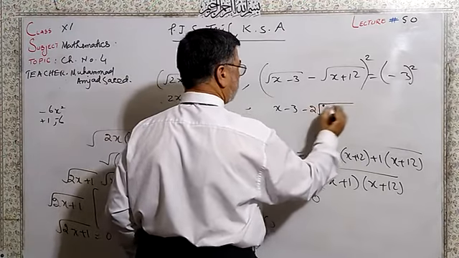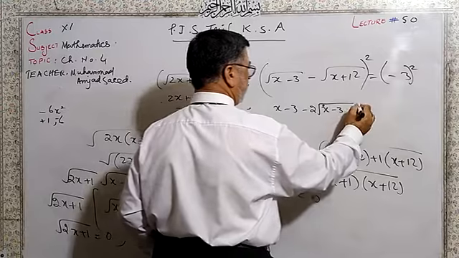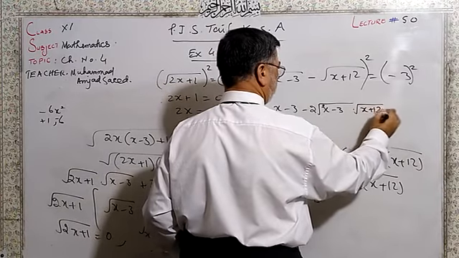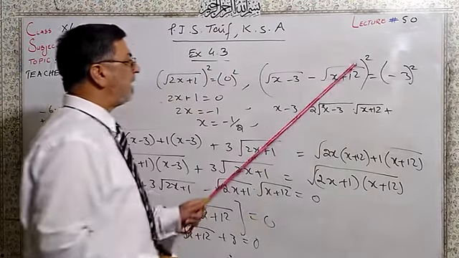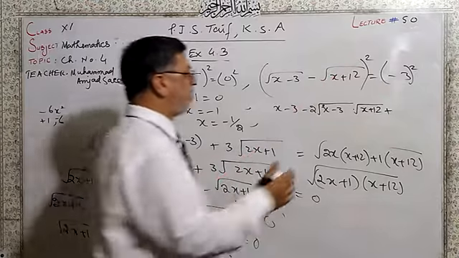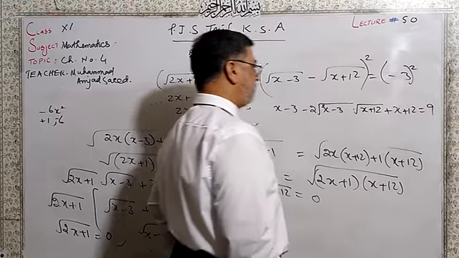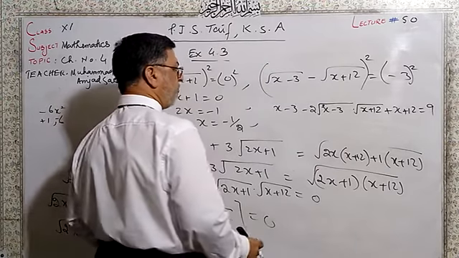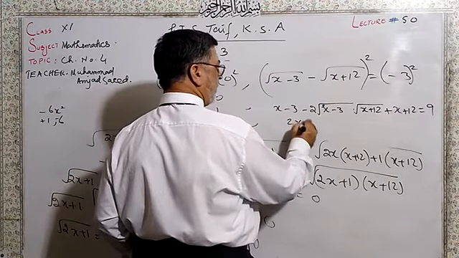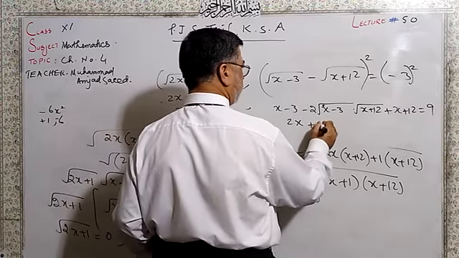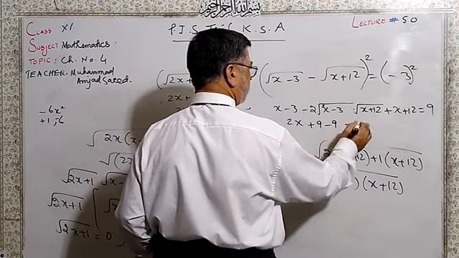Minus 2 into root of x minus 3 into x plus 12, plus the second square. Second square, the 2 and square root cancelled out. x plus 12 is equal to 9. So we have 2x plus 9 minus 9.